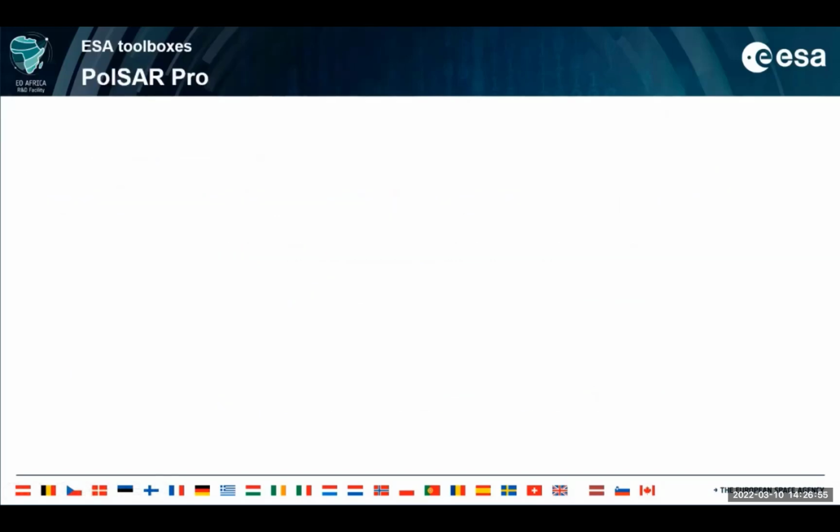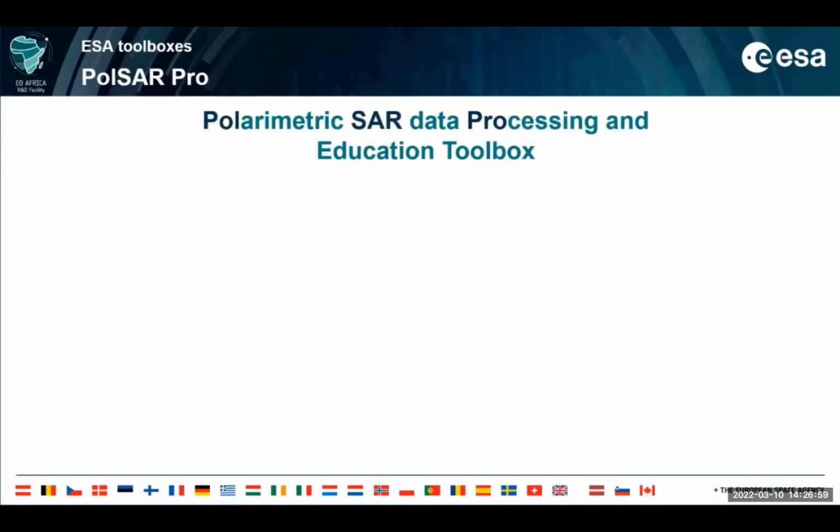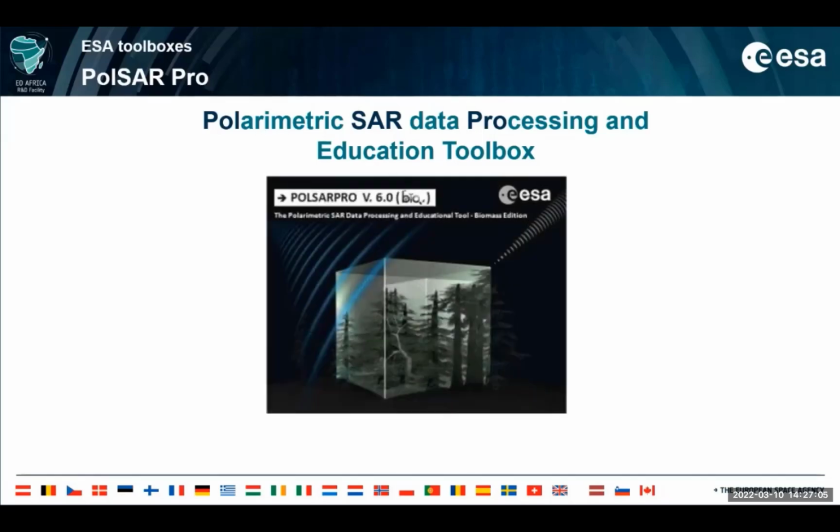Another tool which has been launched by ESA to support processing of SAR data is PolSAR Pro. This stands for Polarimetric SAR Data Processing and Education Toolbox. Contrary to previously presented toolboxes, this toolbox is a standalone application and it is not implemented within the SNAP platform.